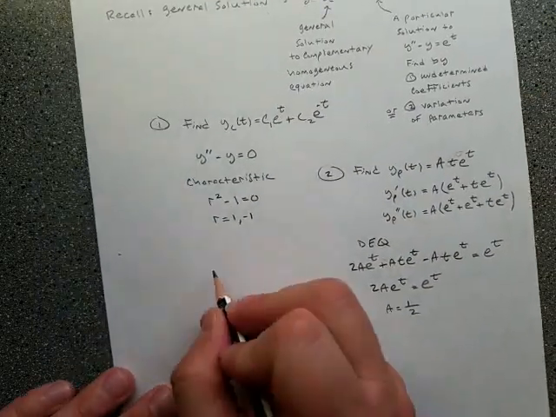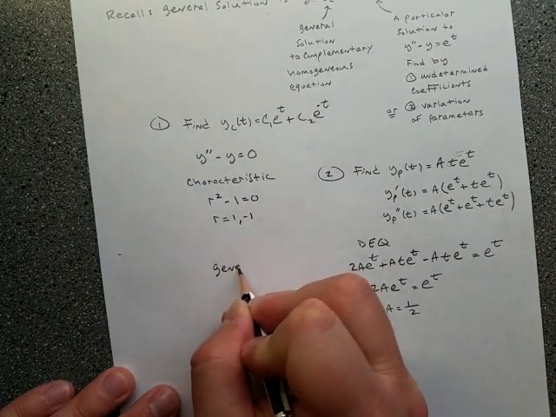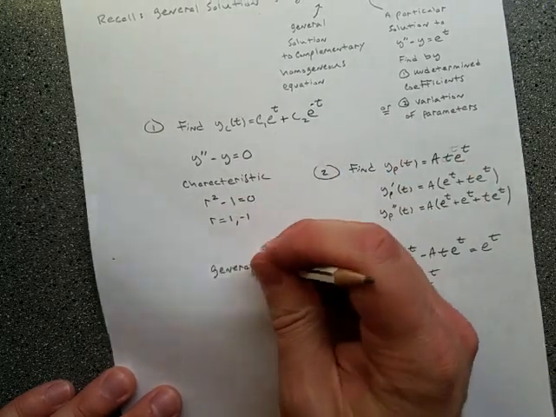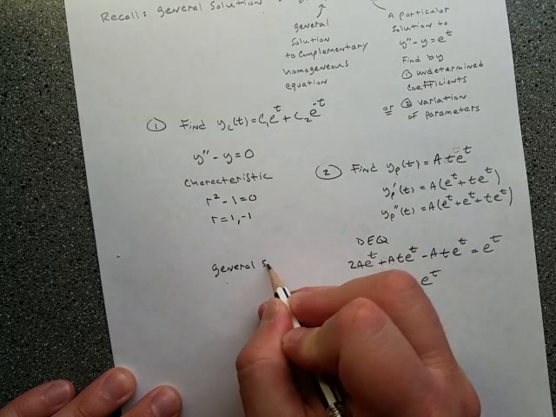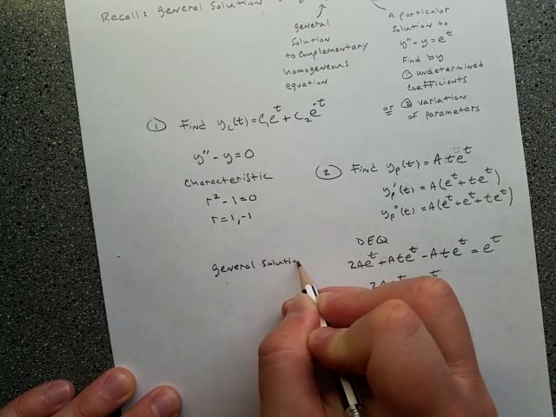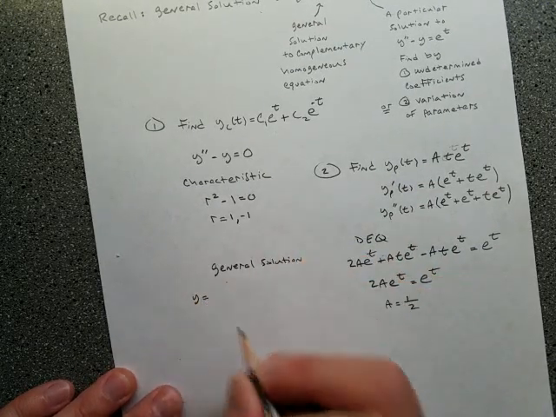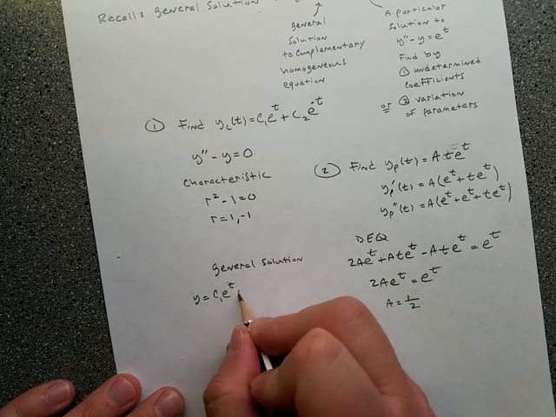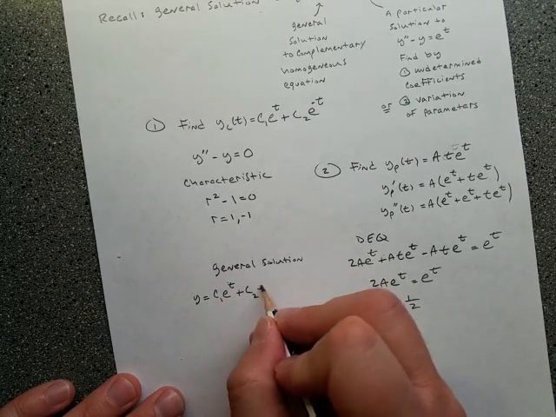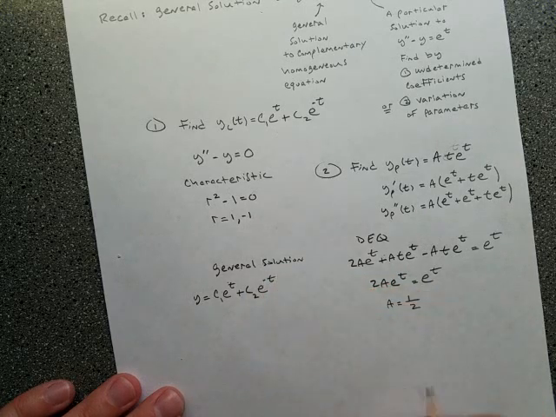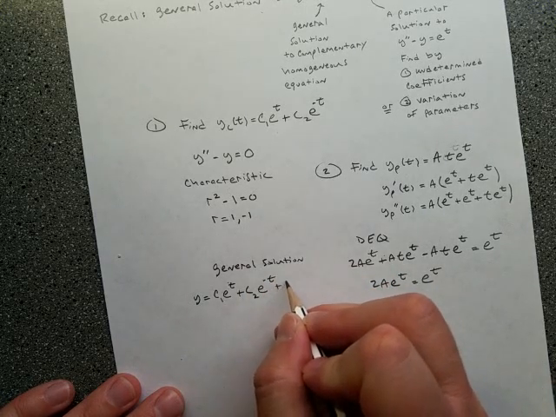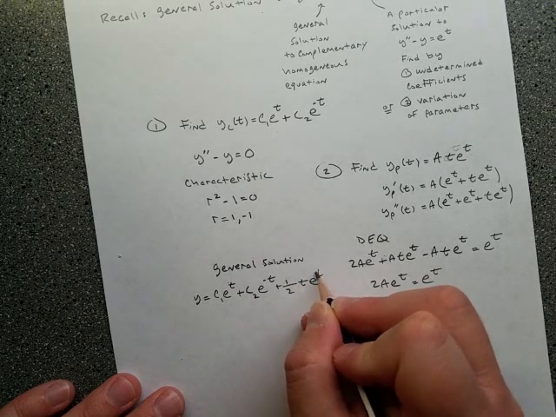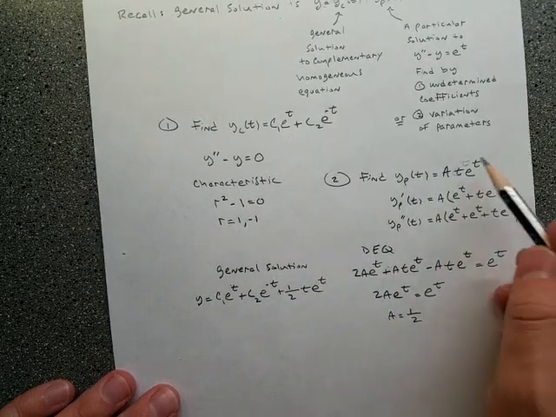So here goes the all-important general solution. It's going to be like this. Y is a function of t, some constant c1 e to the t power plus some other constant c2 e to the minus t plus 1/2 t e to the t power from that.